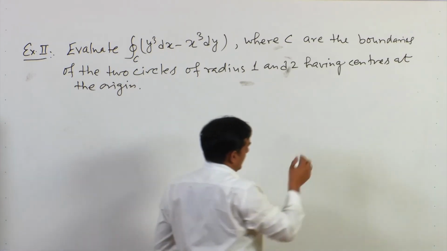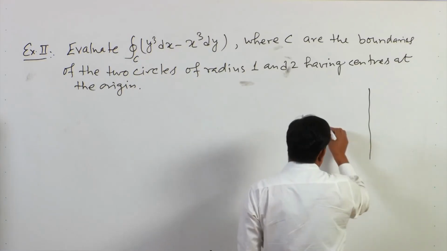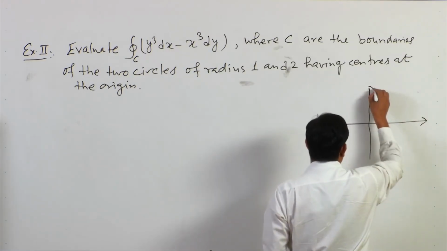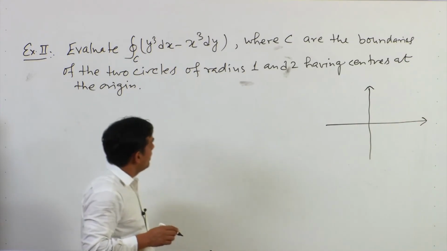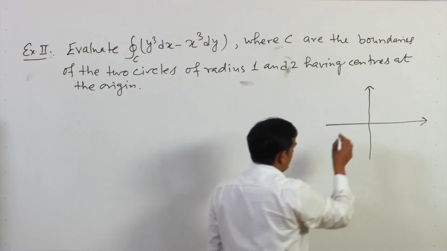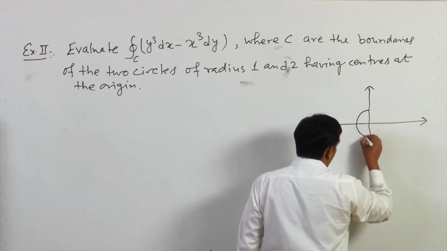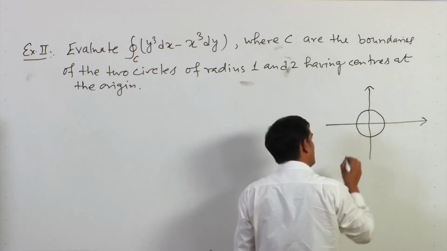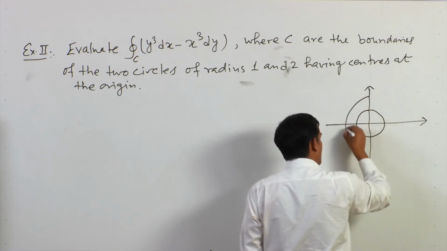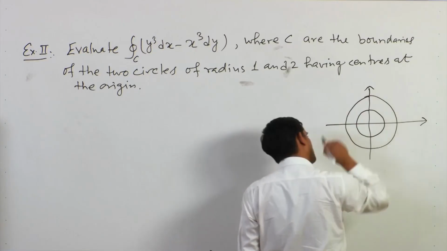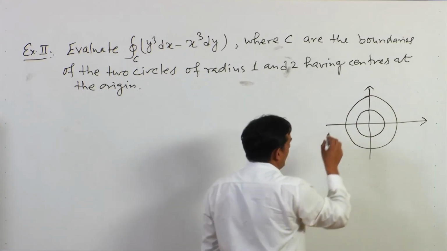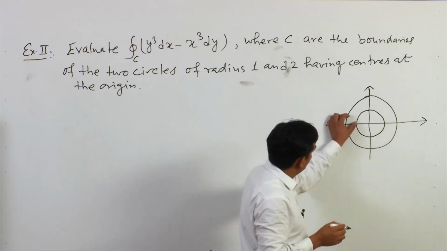Okay, so let us sketch our region. If this is my x and y coordinates, I am having a circle of radius 1 with center at the origin, and another one, this one. So basically C is given by these 2 boundaries.